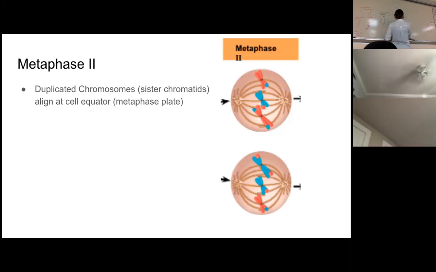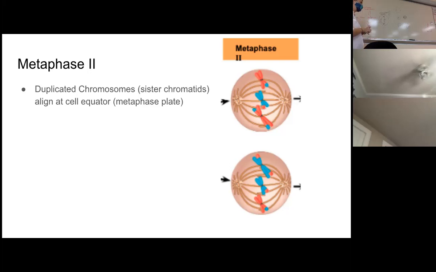So we would have our chromosomes, our sister chromatid pairs, lined up in the middle. Okay, so we would have our sister chromatid pairs lined up at our metaphase plate in the middle.